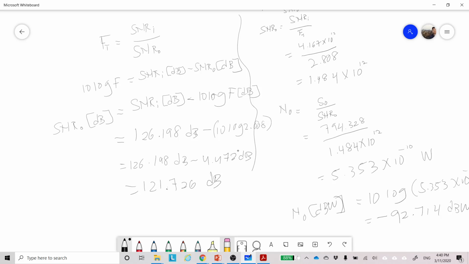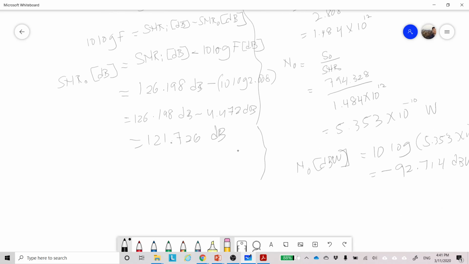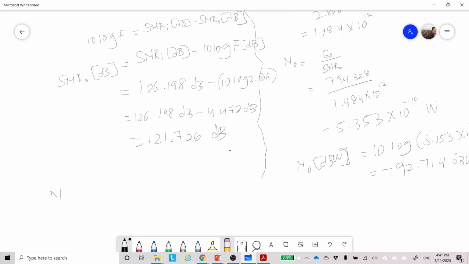And then what? Oleh itu, seterusnya adalah untuk mencari NO dalam dBW. So NO dalam dBW bersamaan dengan SO dalam dBW tolakkan dengan SNRO dalam dB.